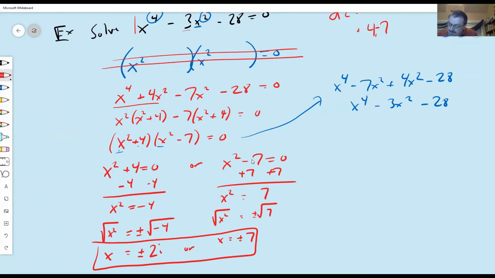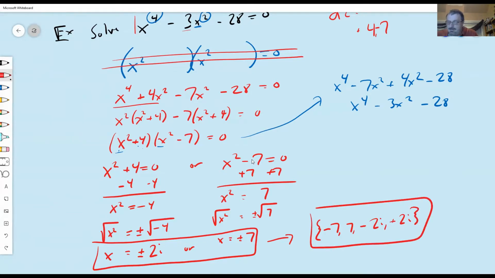Or if you want to use set notation, you might say minus root 7, plus root 7, minus 2i, plus 2i is your solution set.